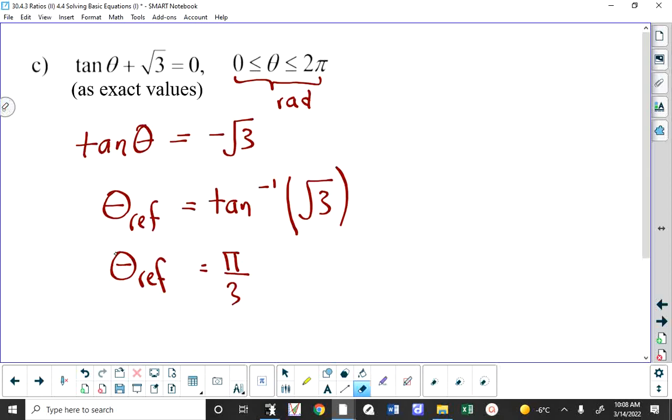Which two quadrants? Well, even though we took the inverse tan of a positive, tangent of theta was a negative number. So now you have to figure out for me in which two quadrants theta could be if the tangent is negative. And tangent is y over x.